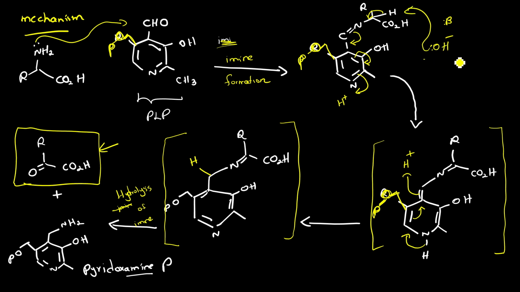You cannot put a hydroxyl group as a base because these are biological systems, and in biological systems there are enzymes. Enzymes act as weak bases. So you can't put OH minus; you can simply mention B with 2 electrons. This is a weak base. These kinds of small points are very important when it comes to biological synthesis.